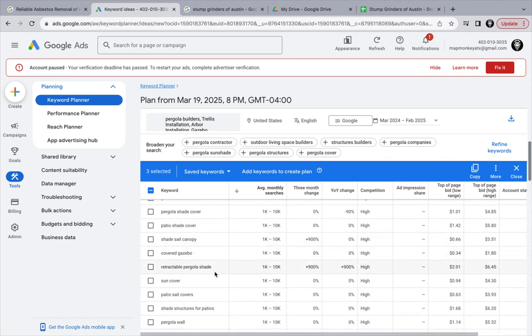Shade sail canopy, yeah, that's a specific type of canopy. So the main service would be canopy installation, and then under that, you can have all your specific types. And from that main page, you're linking out to all of those pages. And those are your service categories.